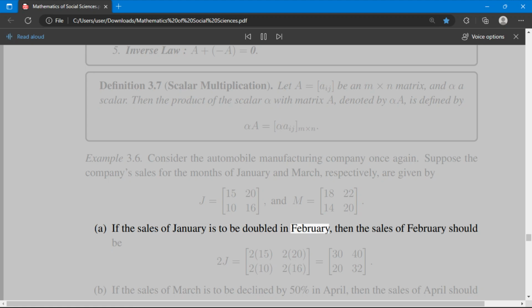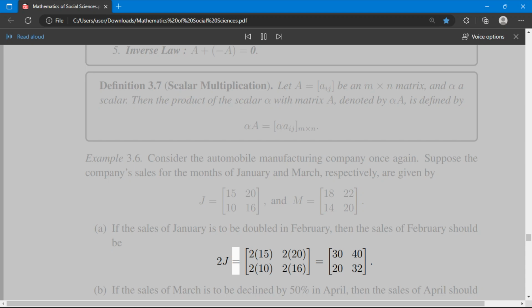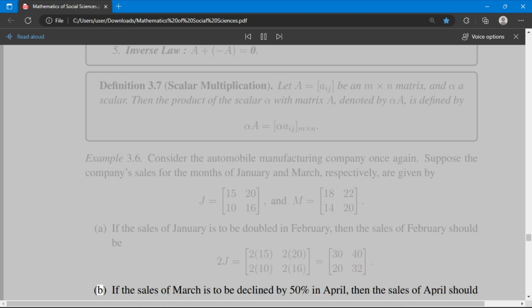A. If the sales of January is to be doubled in February, then the sales of February should be 2J equals 2 times 15, 2 times 20, 2 times 10, 2 times 16, equals 30, 40, 20, 32.